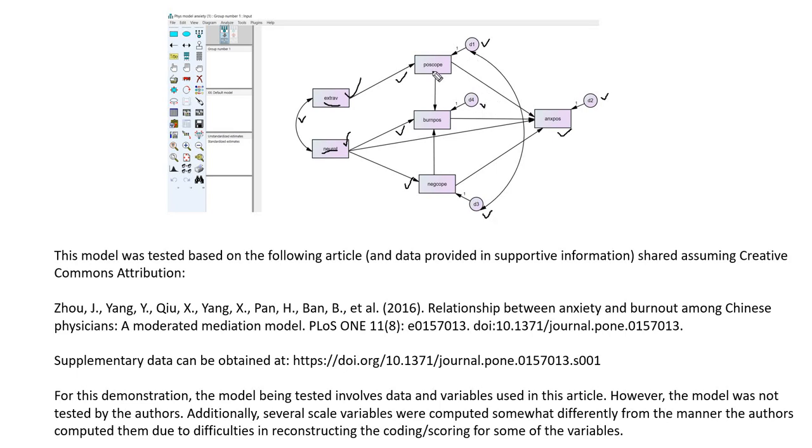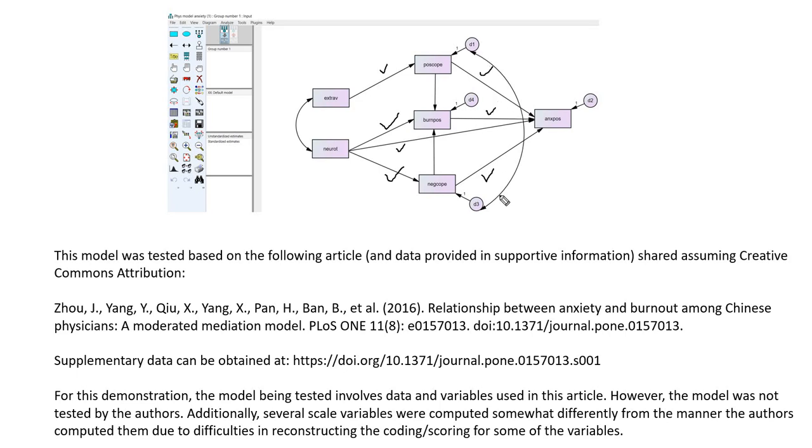These are reflecting the prediction error associated with the endogenous variables after we've accounted for their respective predictors within the model. So basically what we have for this particular model, we have extroversion predicting positive coping, we have positive coping predicting anxiety, we have neuroticism predicting burnout, anxiety right here, and then negative coping here. We have negative coping predicting anxiety, and then we have burnout predicting anxiety right here.